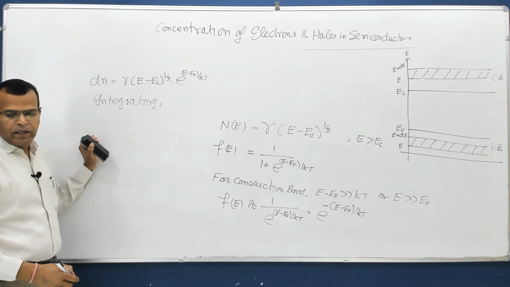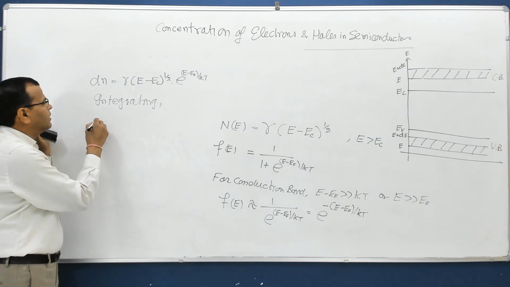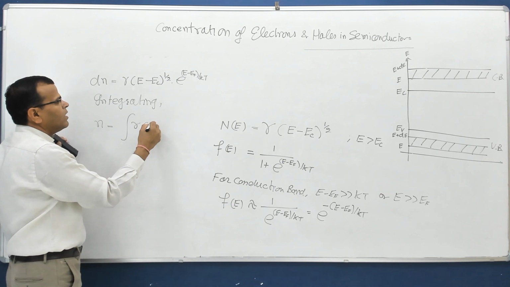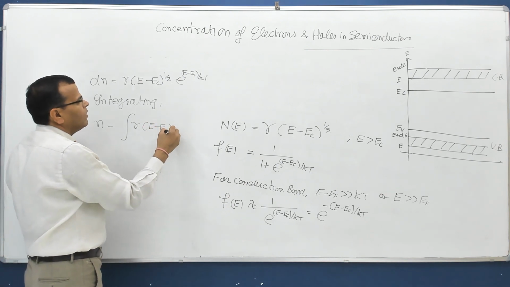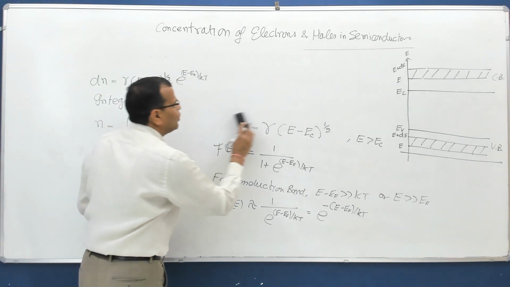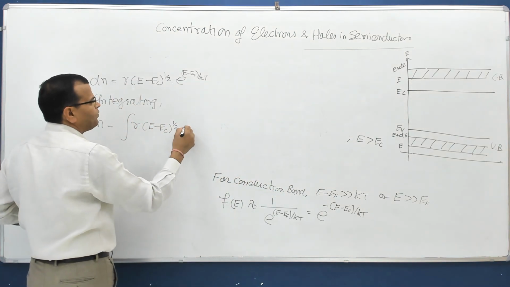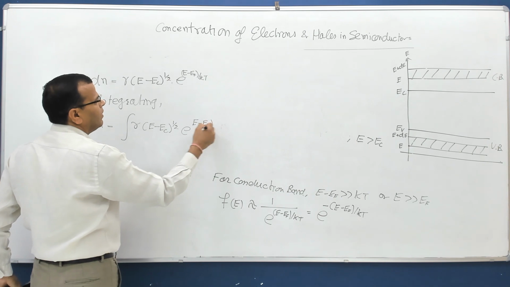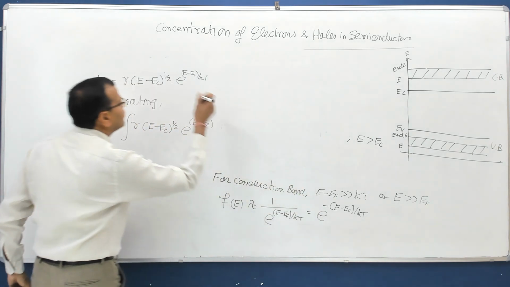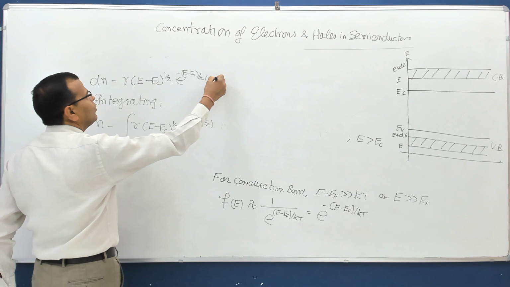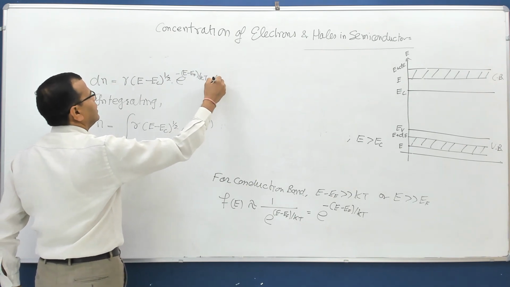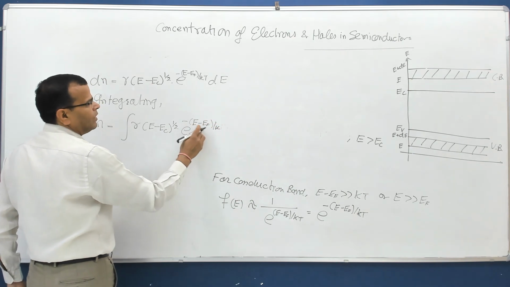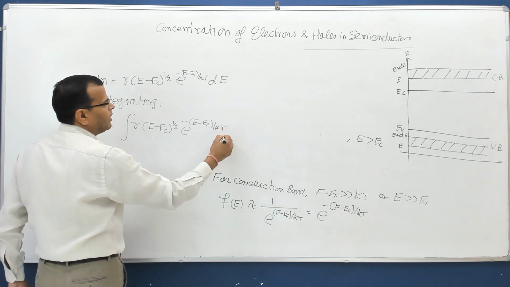Integrating, you will get the concentration n equal to the integration of gamma (E minus EC) to the power 1 by 2 into e raised to the power minus (E minus EF) by KT into dE.